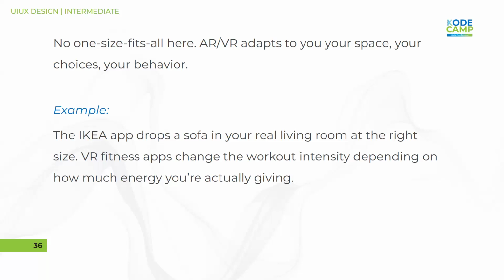No matter the type of sofa you are picking, it will help you size it to the perfect room size. Then you also have a VR fitness app, which changes the workout intensity depending on how much energy you are giving and how you are progressing while doing this.